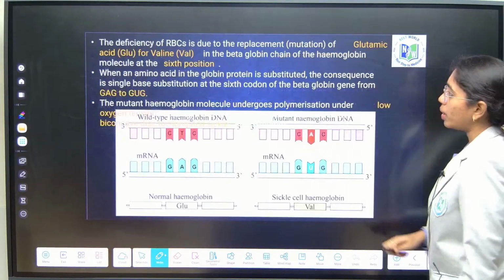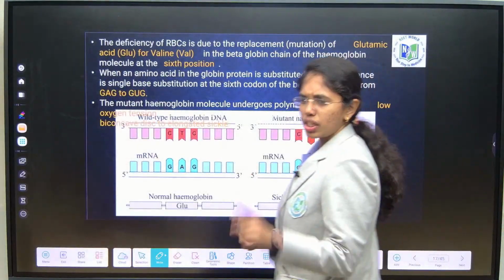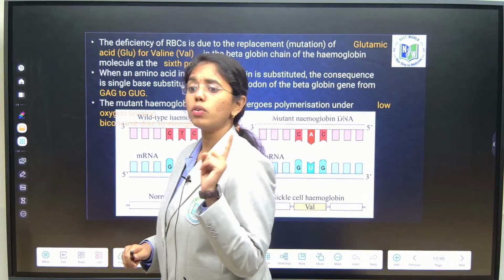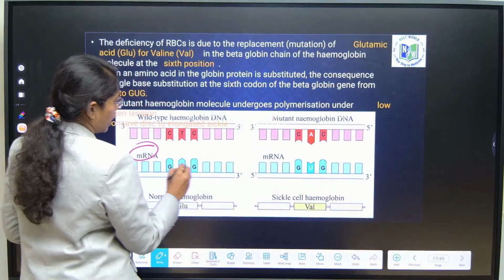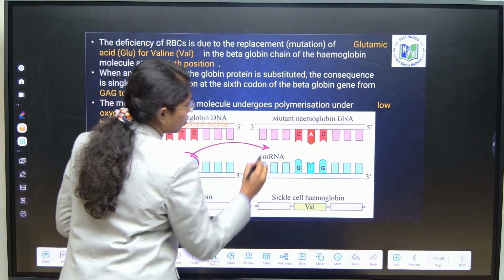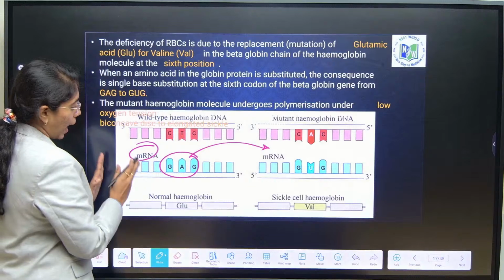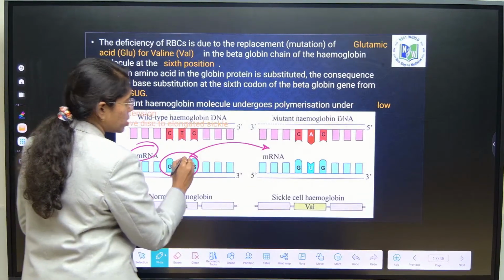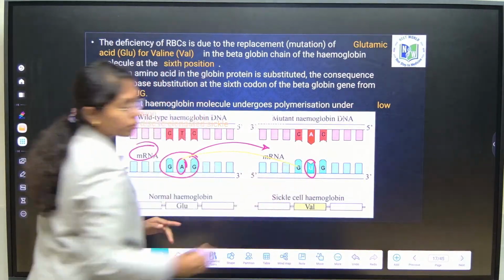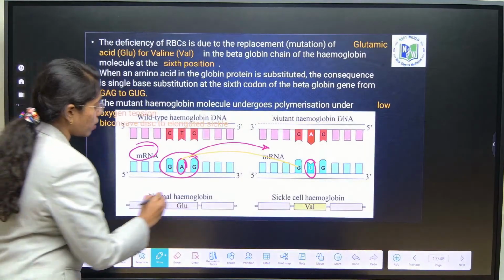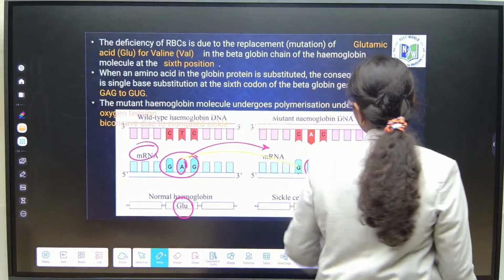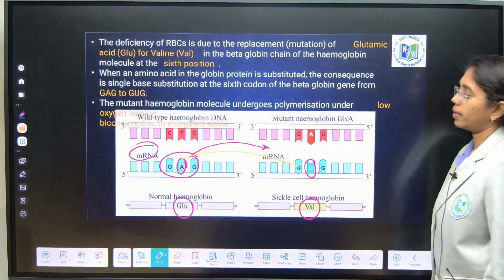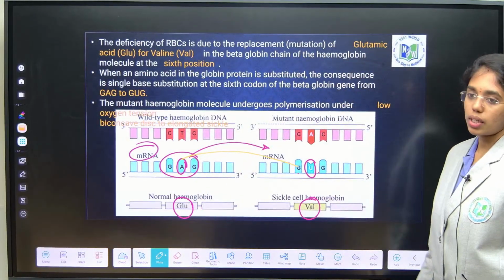In the hemoglobin beta gene, just because of a change in one nitrogen base, GAG on the mRNA is turned to GUG, where A is turned to U. GAG codes for which amino acid? Glutamic acid. GUG codes for which amino acid? Valine. This itself brings out the disease.